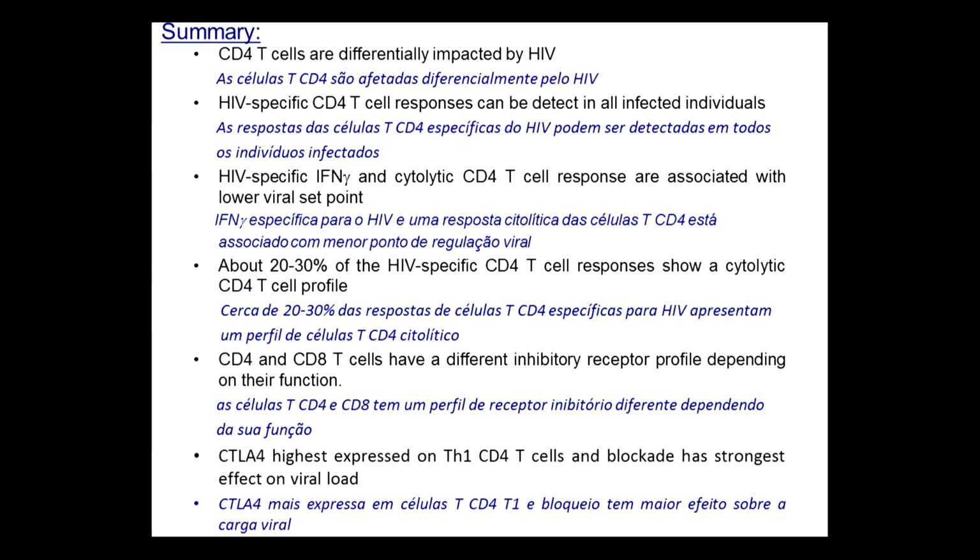We find the highest expression of CD84 on Th1 CD4 T cells, and at least in the mouse model this has the strongest effect on viral load, but CD8 T cells also express higher levels of CD84 compared to CD8 T cells in chronic HIV infection.